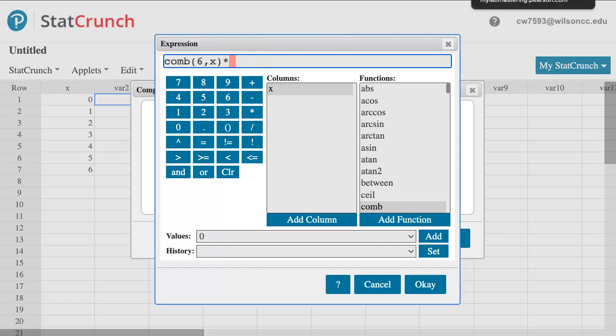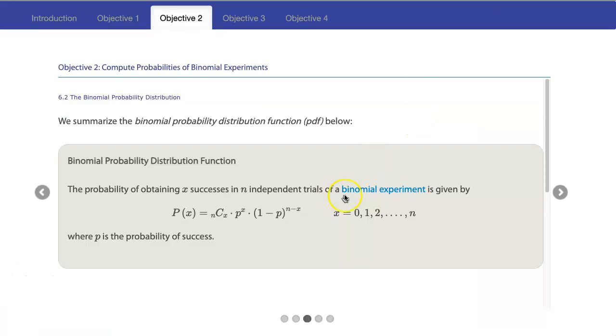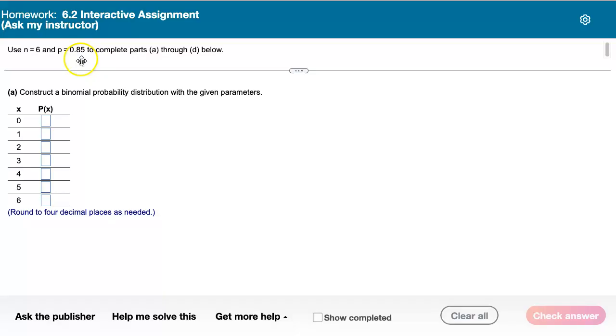So let's go back to the text. Here we are. P to the X times 1 minus P raised to the N minus X. Here in our problem, P is 0.85.